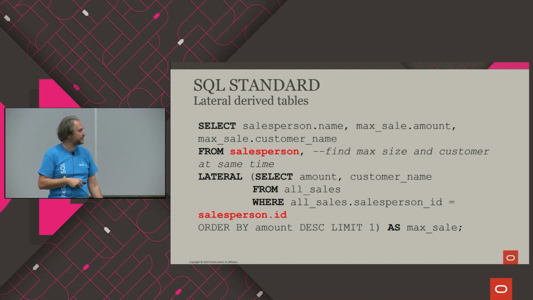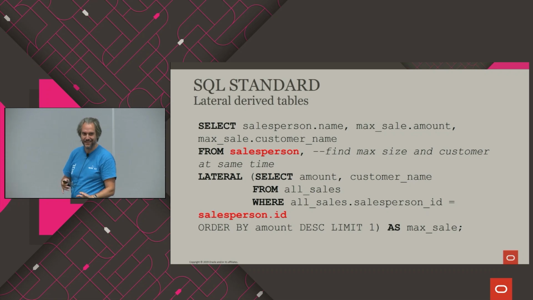So here in red, in this subquery, I'm using a reference to salesperson that is on the left, not on the right. Otherwise, it gets complicated and it's a mess. So for simplicity, we can only refer to tables coming before.